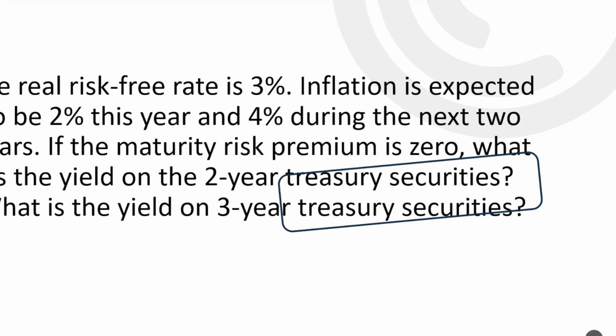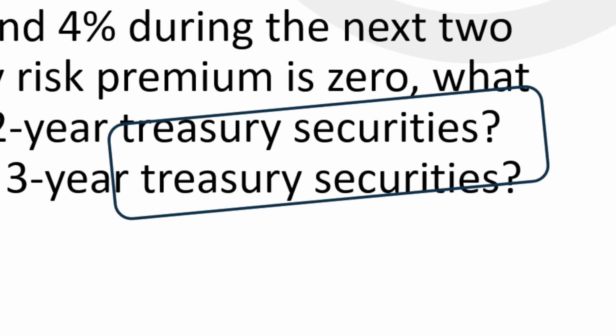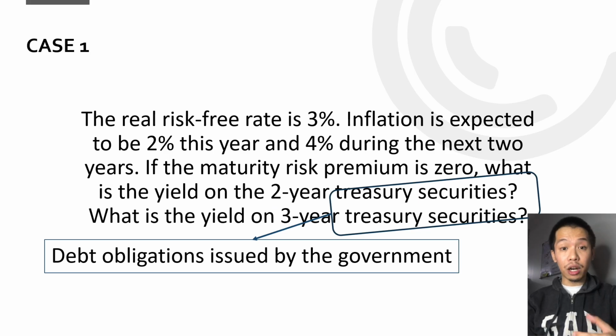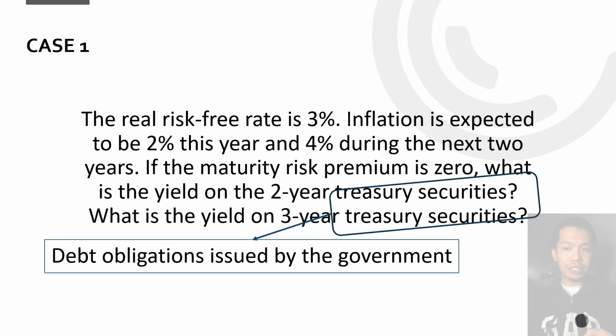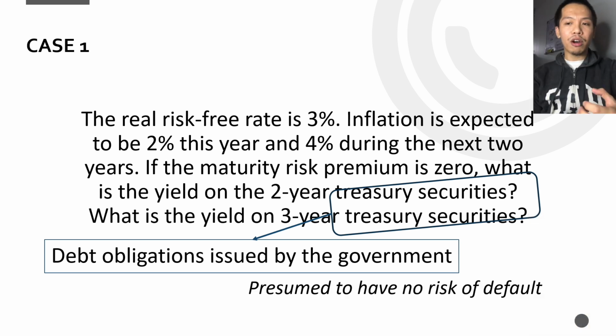But what do we mean by Treasury securities? Treasury securities are government-issued securities. Because national governments hardly go bankrupt, it is presumed that they have no default risk premium. As a consequence of this, investors are generally willing to buy Treasury securities from anyone because of this level of safety.